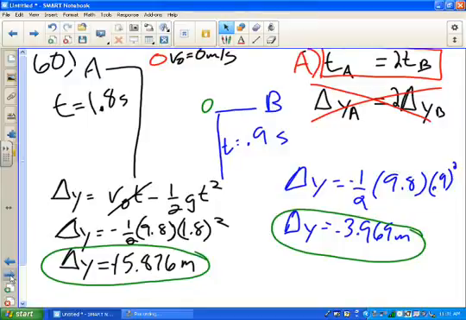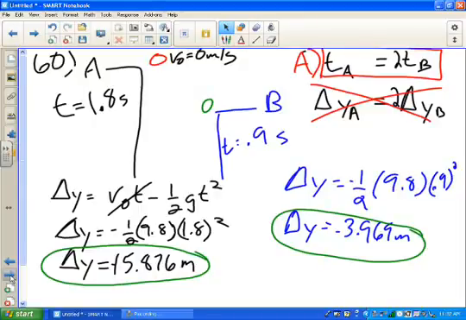Cliff A is 15.876 meters, and cliff B is 3.969 meters. So there's a big difference between the two cliffs.